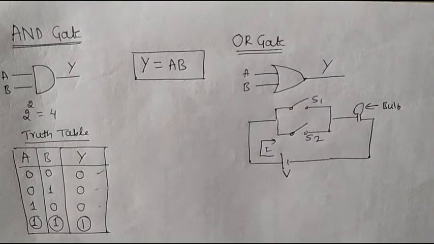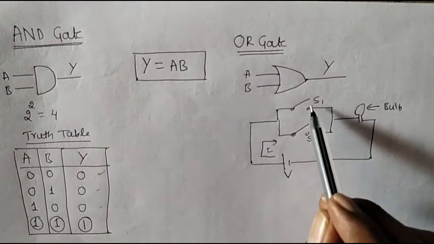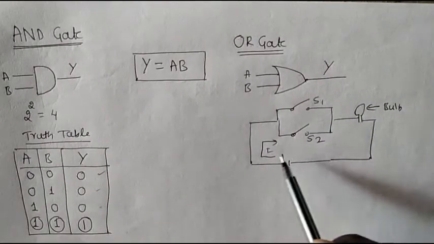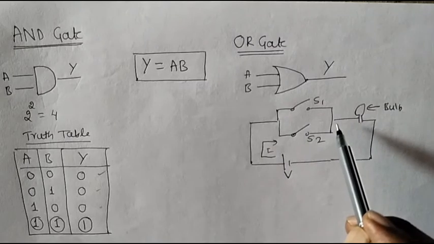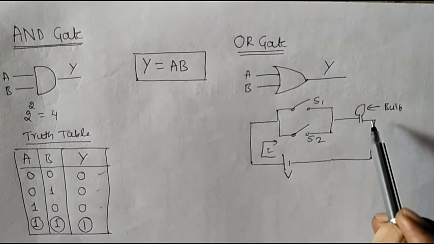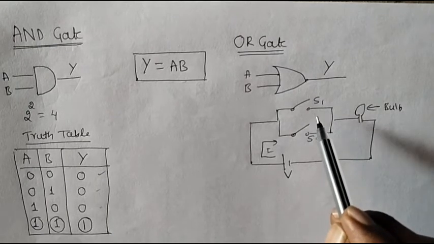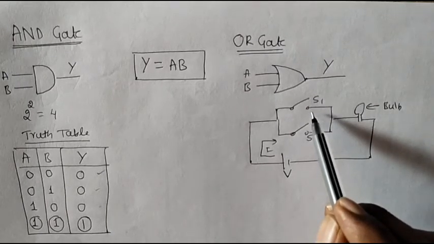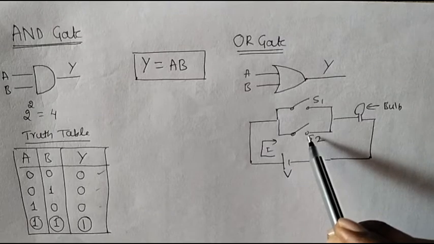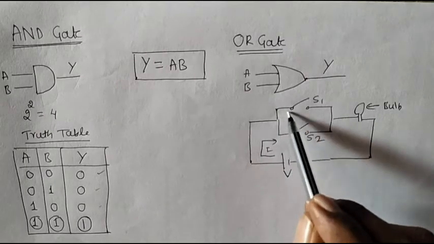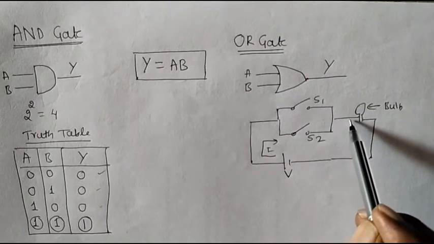In this case, when both the switches are open, no current flows in the circuit, bulb does not glow, that is output is 0. When S1 is closed and S2 is open, the current will follow this path and the current will flow into the circuit, therefore output is 1.